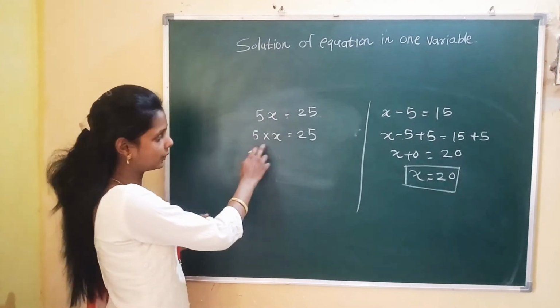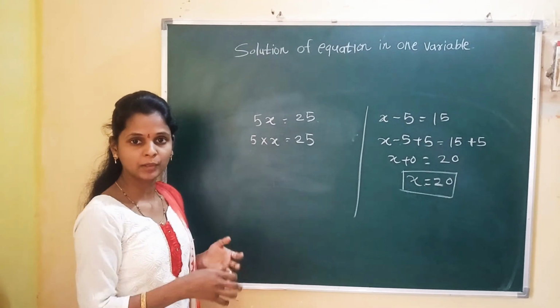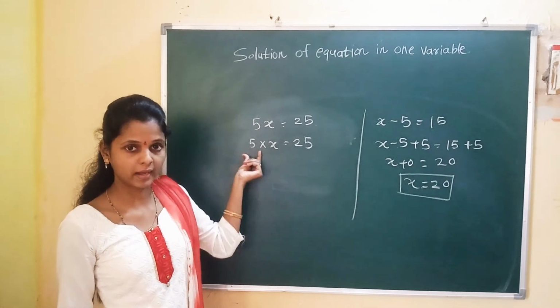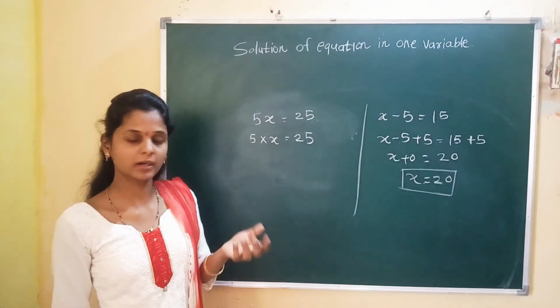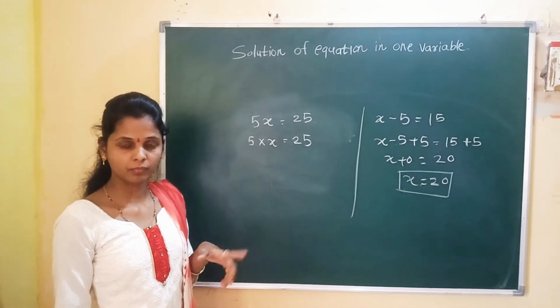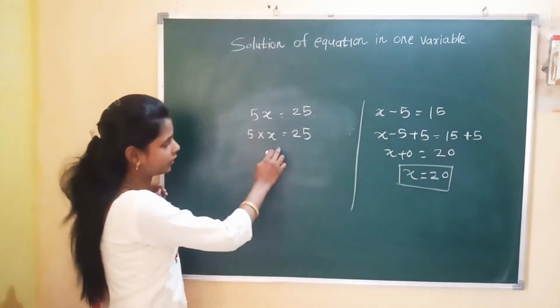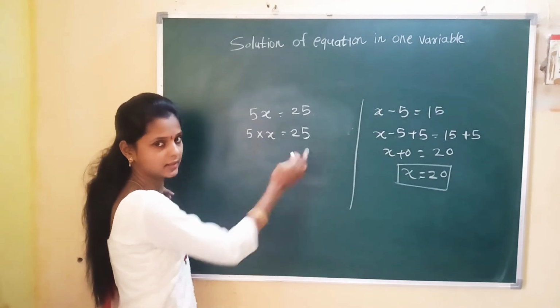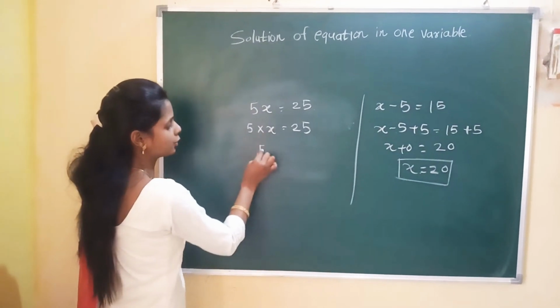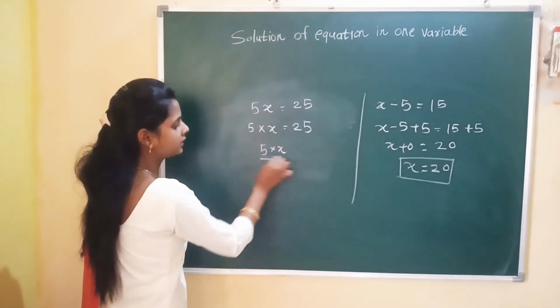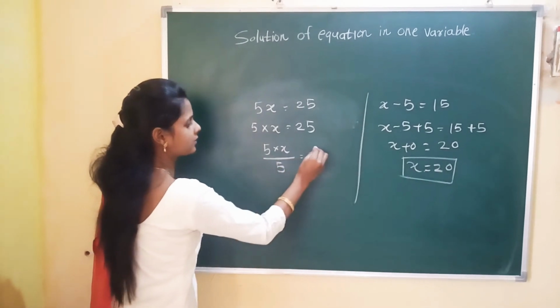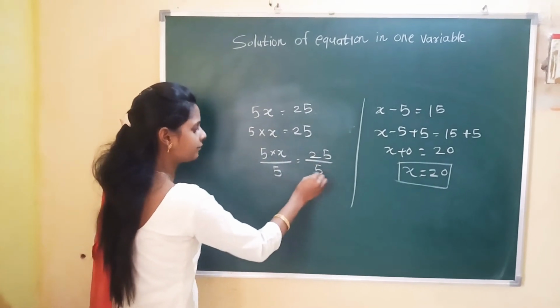Because if I get 0, then x multiplied by 0 will become 0. So I have to cancel this 5 by dividing by such a number so that I get the answer as 1. Definitely if I divide by 5 on the left hand side and the right hand side, I will get 1. I will show you. 5 multiplied by x divided by 5 is equal to 25 divided by 5.